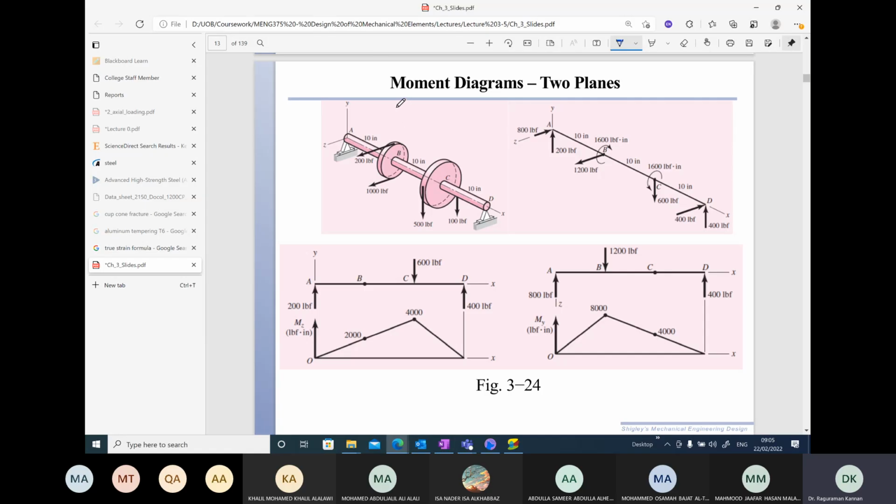When I look from the top view here, will I see the forces at point C? I will not be able to see them when I am just looking at the 2D problem. So I can forget about the force at point C and only consider the force at point B.